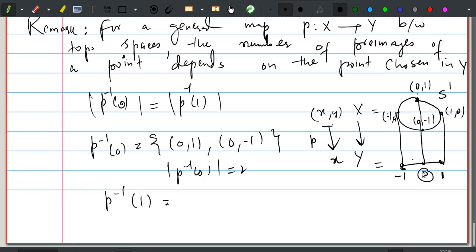In fact, other than these two points, the inverse image of any point consists of two points here, because P inverse of -1 is the set {(-1, 0)}, which is a singleton. So this is not equal here. So this is not a covering.